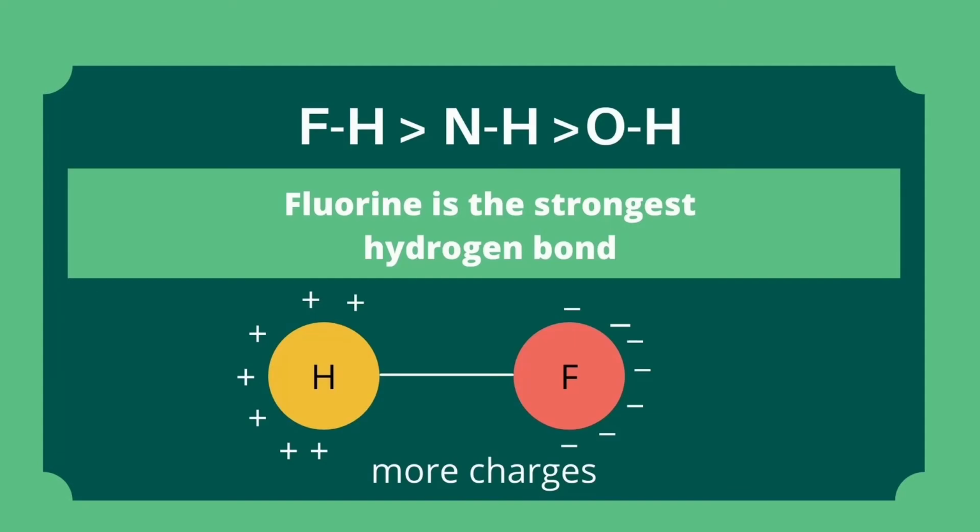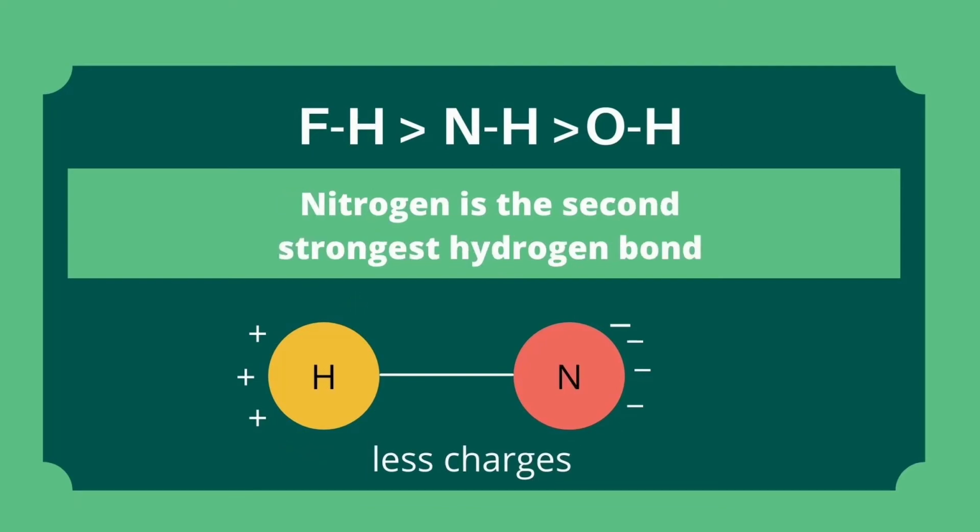Fluorine is a very electronegative element, and so the bonding electrons will be attracted strongly towards the fluorine, away from the hydrogen. That leaves the hydrogen with quite a lot of positive charge and fluorine with quite a lot of negative charge. Therefore, hydrogen bonding with fluorine is the strongest, while nitrogen isn't anywhere near as electronegative as fluorine.